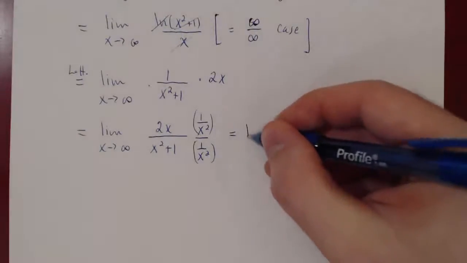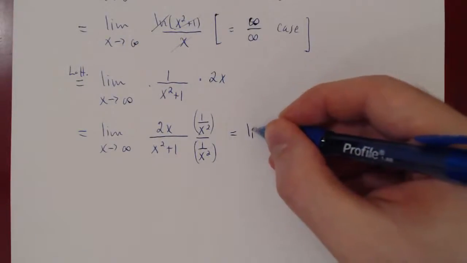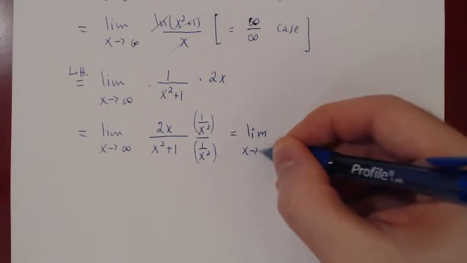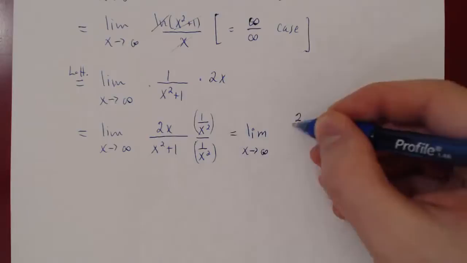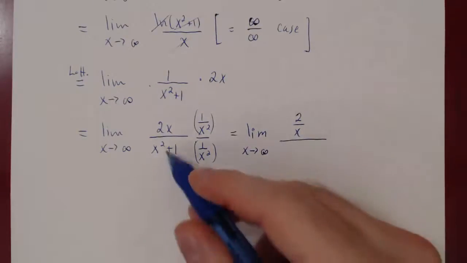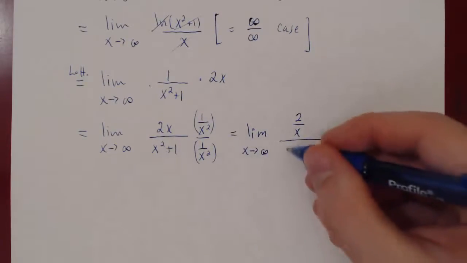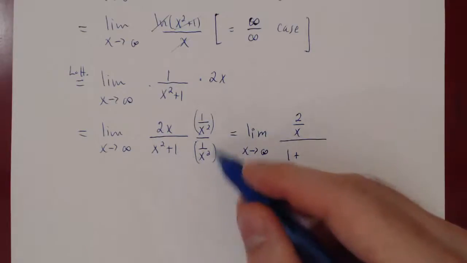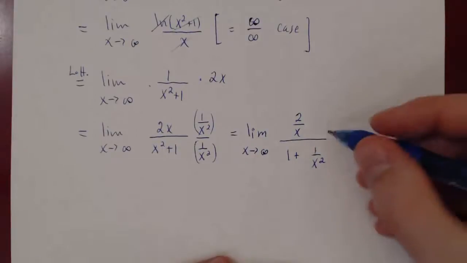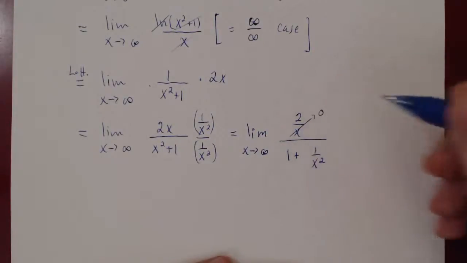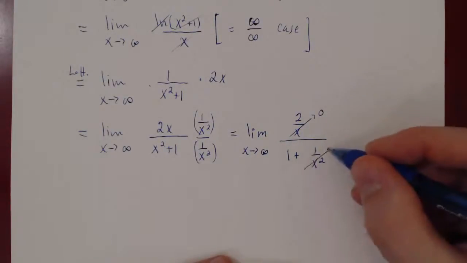And what are we going to get? x over x squared is 1 over x, so we get 2 over x on top, over x squared over x squared is just 1, plus 1 over x squared. And now as x goes to infinity, 2 over x shrinks to 0, 1 over x squared shrinks to 0.